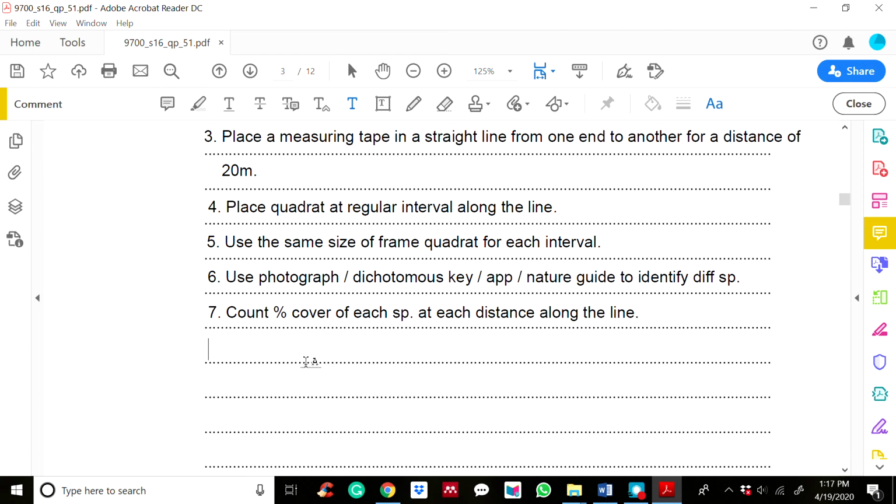After you have the percentage cover, you need to use the cover abundance scales or Braun-Blanquet scales to measure abundance.